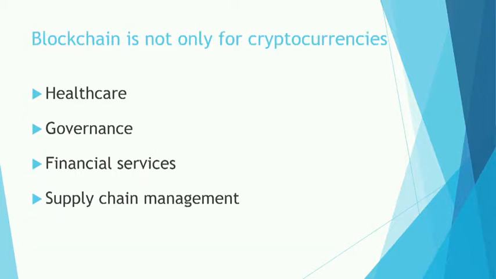But it's important to know that blockchain is not only for cryptocurrencies. There are many other industries that could benefit, and there are already benefiting from the use of blockchain. Healthcare, government services, financial services, and supply chain management as well.